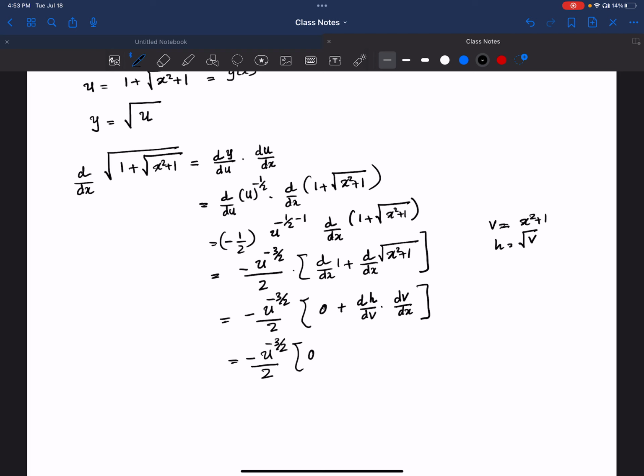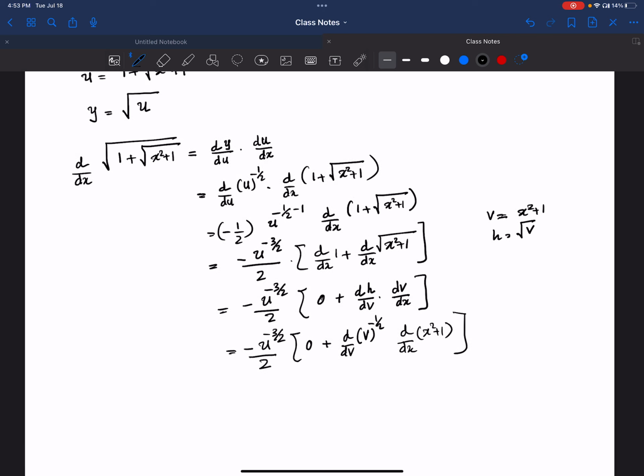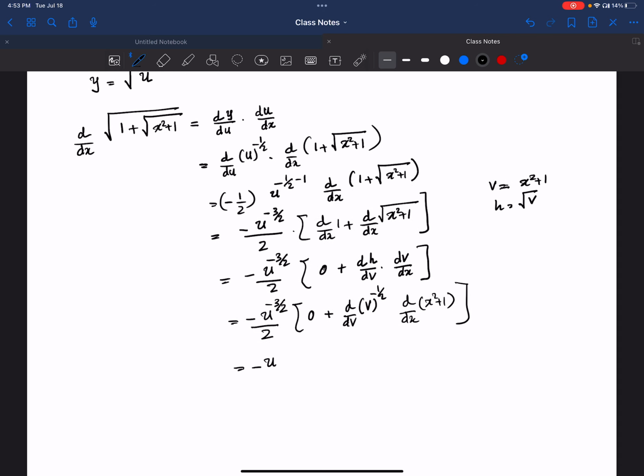Actually, this is plus dh over dv, and dv over dx is that. And you have negative u to 2. This is 0, and I don't want to write it again. So this is negative half v to the power negative 2/3 plus 2x plus 0.